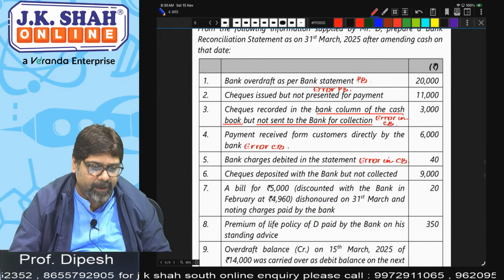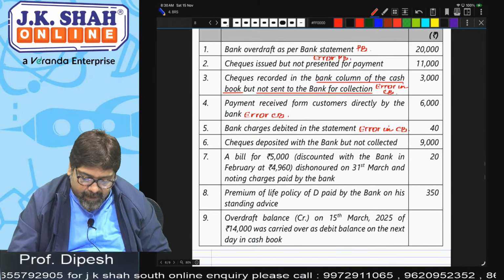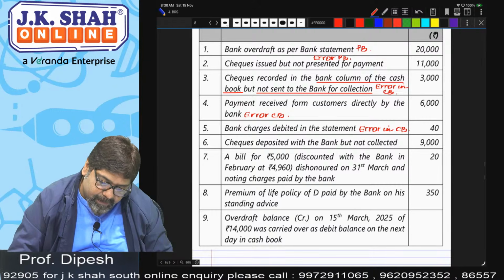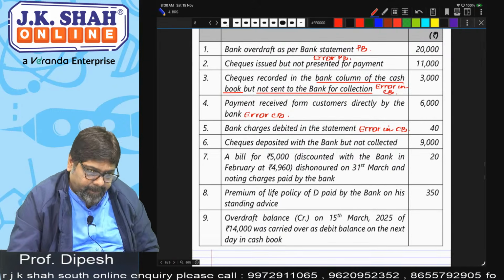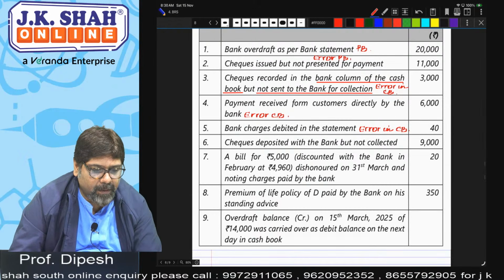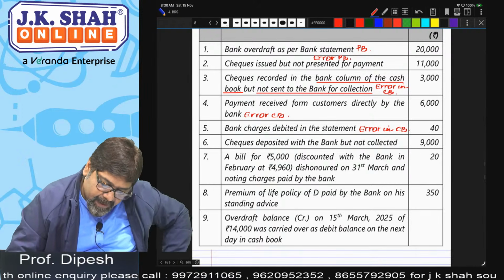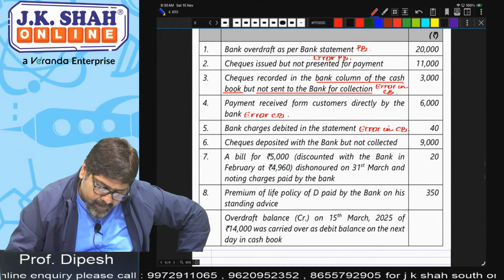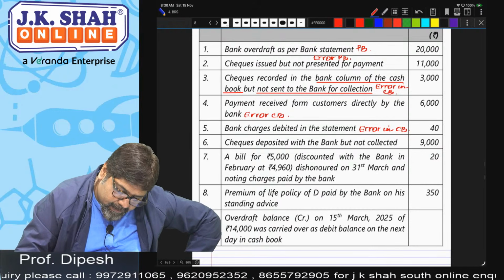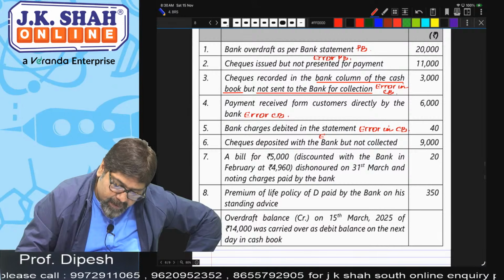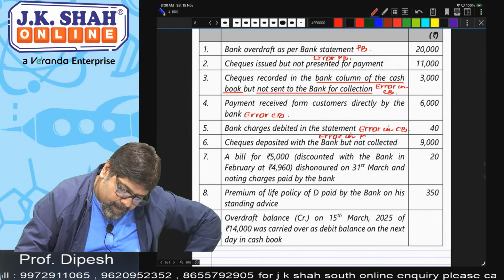Now, cheques deposited with bank but not collected. This is an error in the passbook.